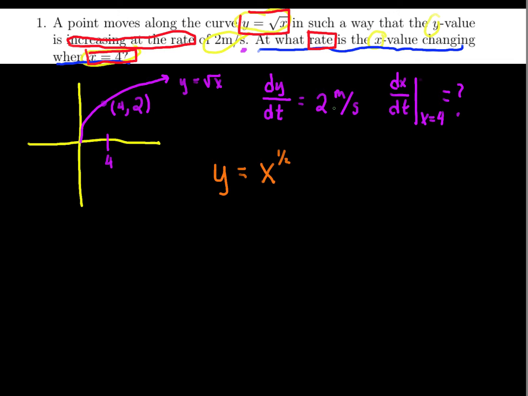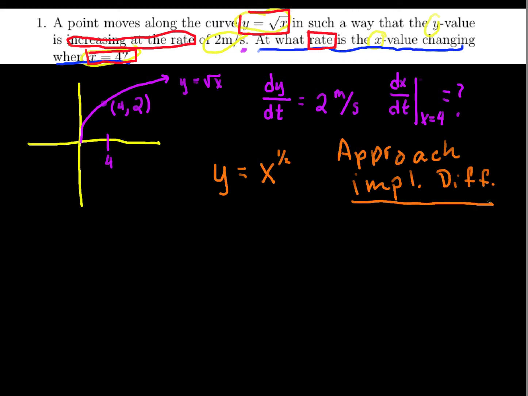But in this problem, because I know it's a related rates problem, my approach will be implicit differentiation. All right, so this is what I'm going to use to solve the problem.